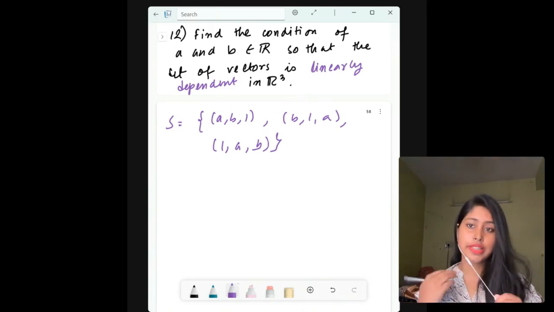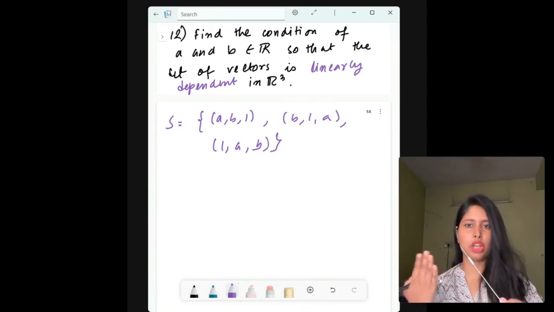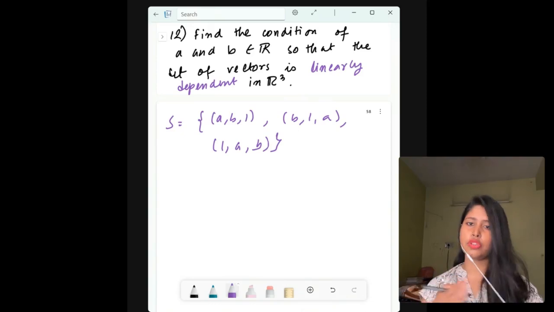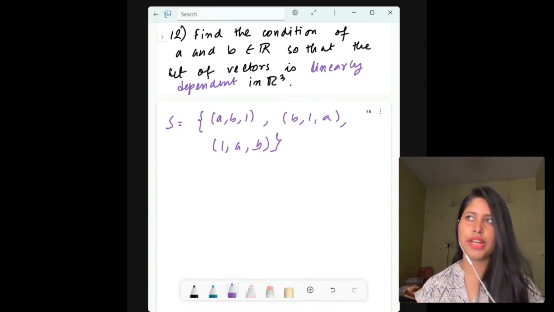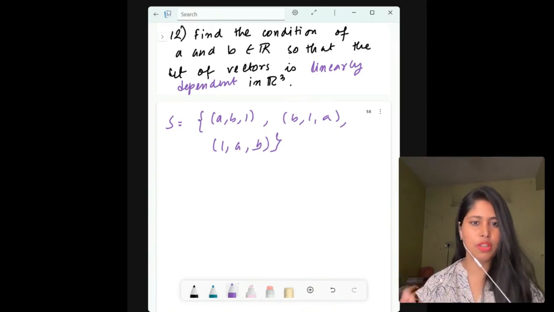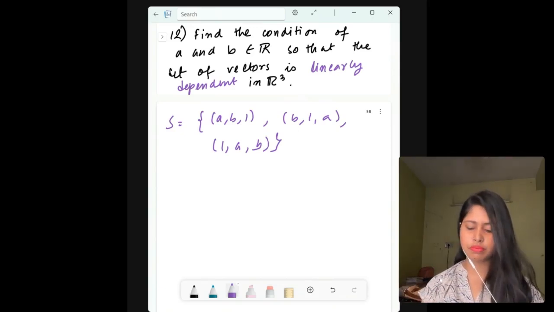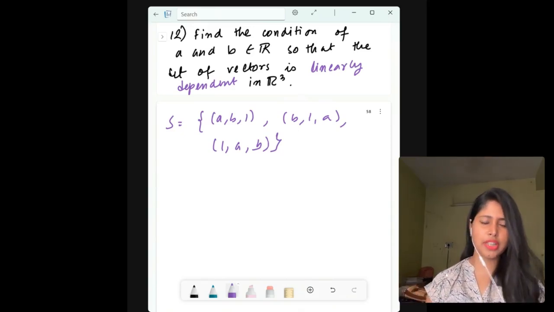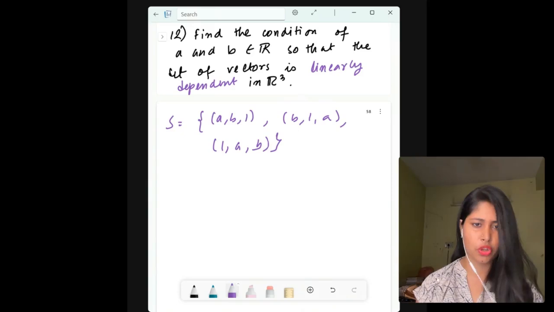The vectors are cyclic permutations of (a, b, 1). Now this system, we will again solve. I will not write again about taking the scalars and doing the scalar multiplication and vector addition. I'm directly writing this system of linear equations, because I have already done it so many times that you can understand it on your own.